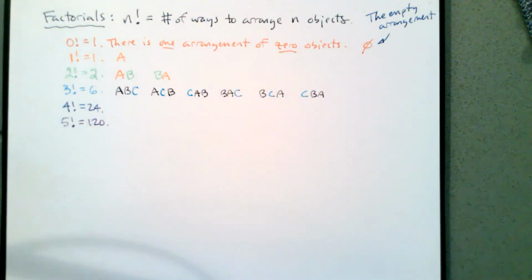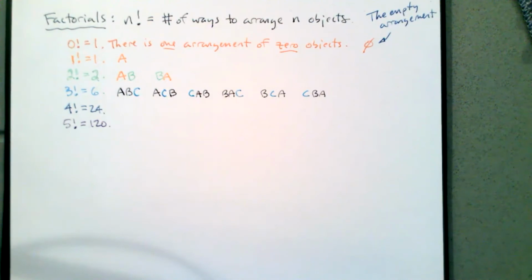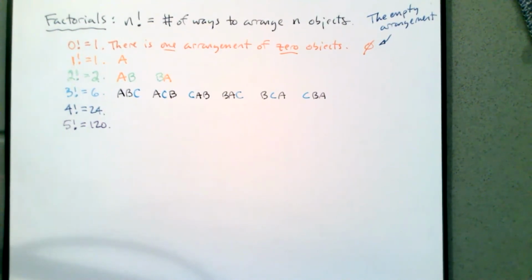Really, we just have to remember our progression is 1, 1, 2, 6, 24, 120, and then the next one we multiply by 6, come up with 720, and then we multiply by 7, and so on.